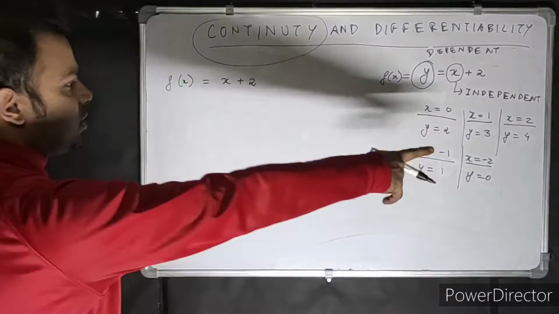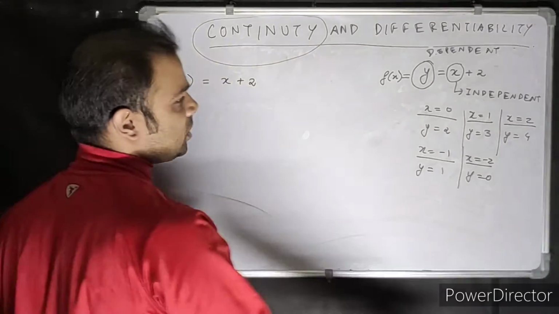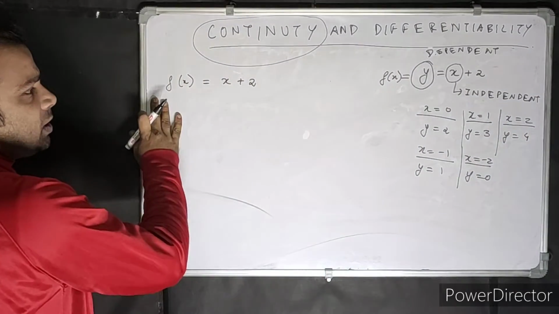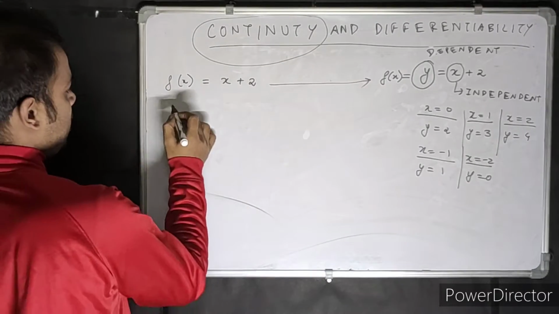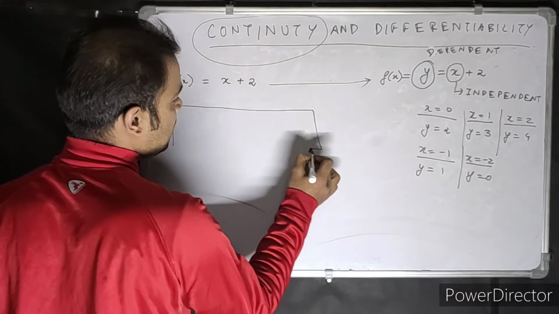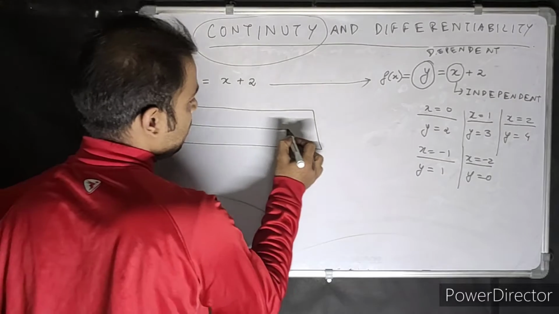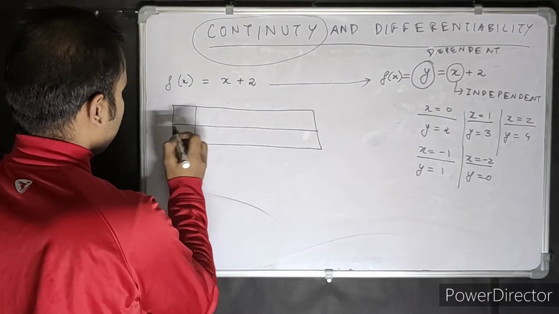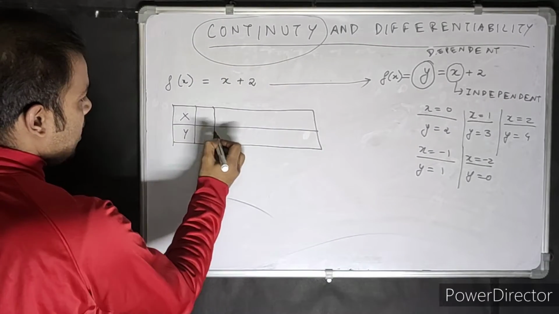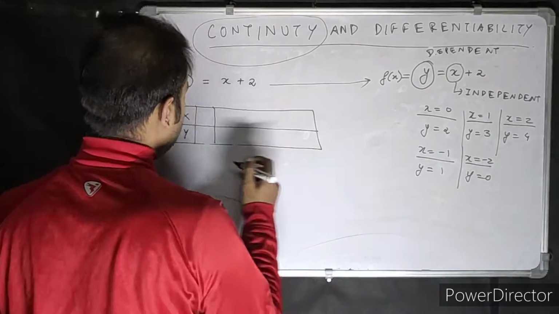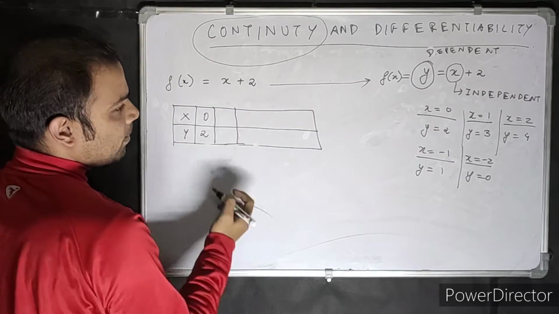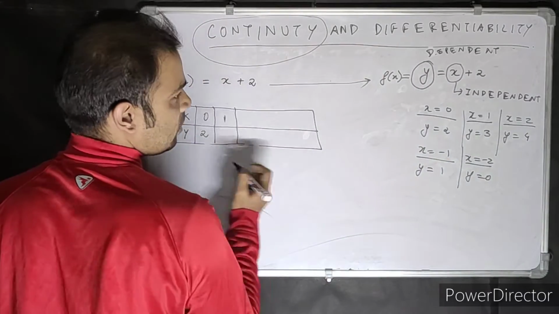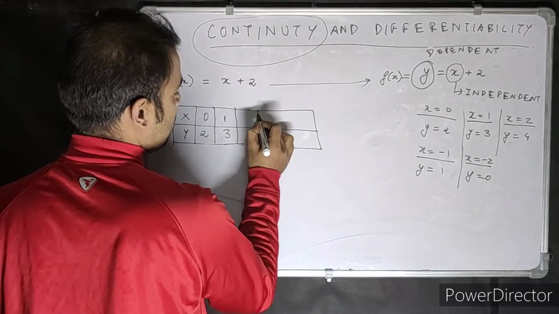Now when you start plotting this, let's put it in a box. You'll have done this actually in your class 9. So this is x and this is y. When x is 0, y is 2, then x is 1, then y is 3.